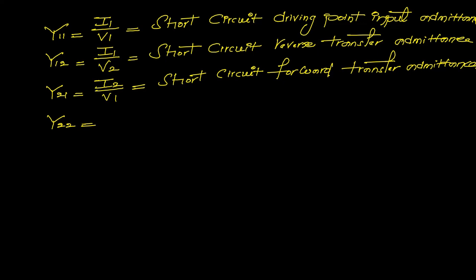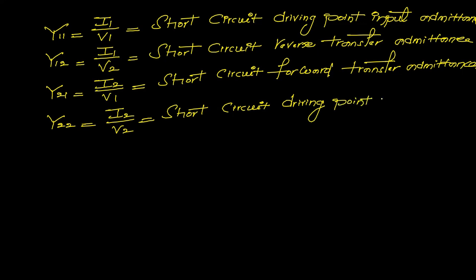And the last one is Y22. What is the expression of Y22? Y22 is equal to I2 divided by V2. We are calling it the short circuit driving point output admittance.